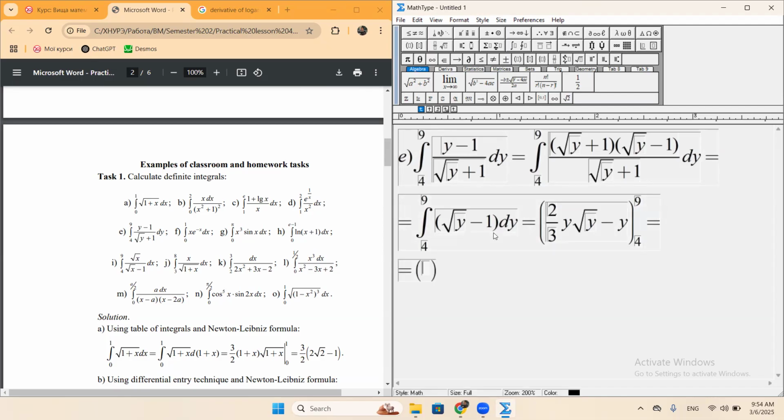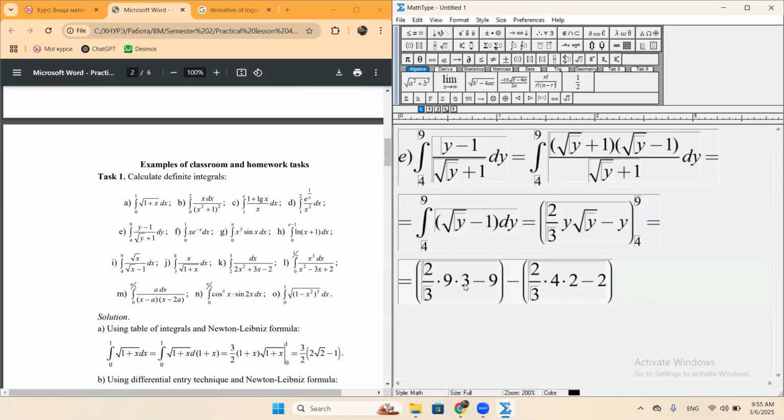So what do we have? 2 over 3 multiplied by 9 multiplied by 3, minus 9, and minus 2 over 3 multiplied by 4 multiplied by 2 and minus 2.